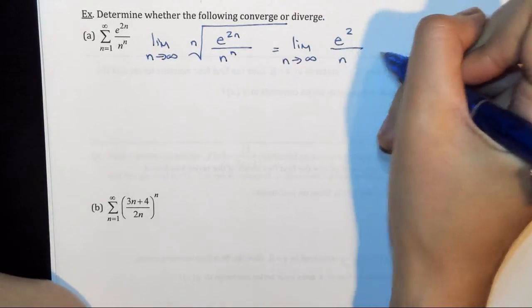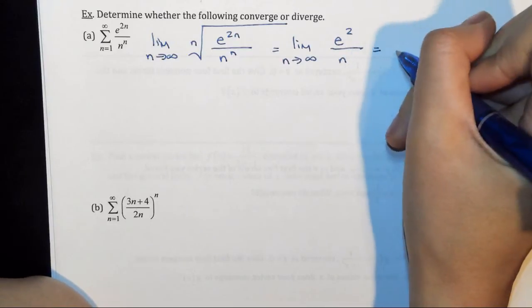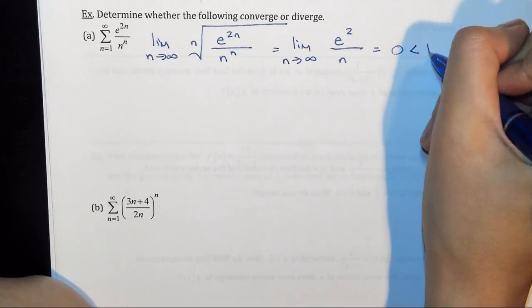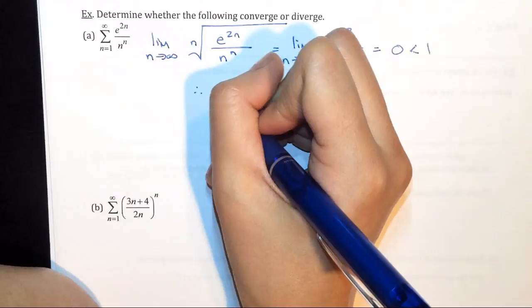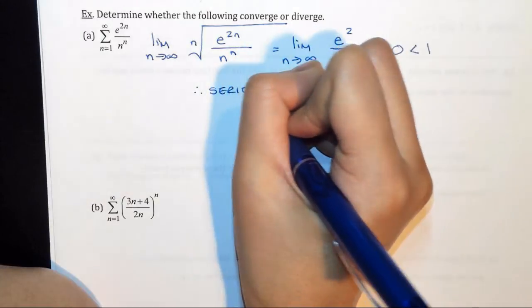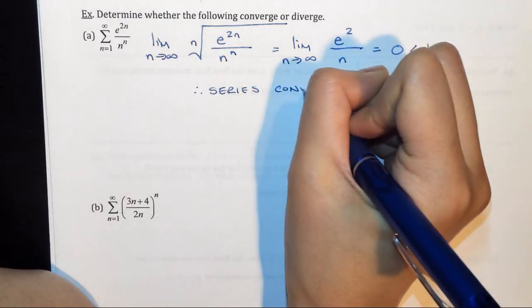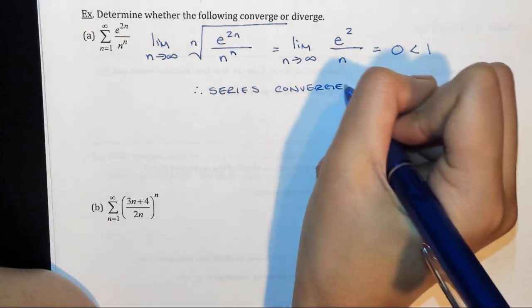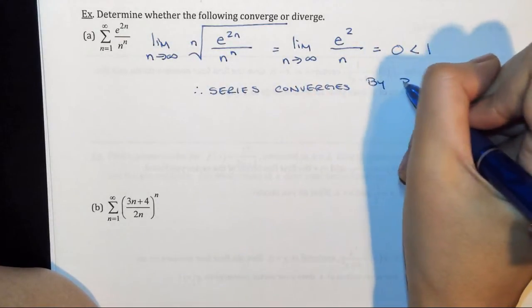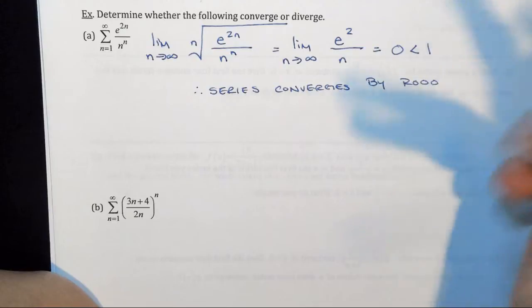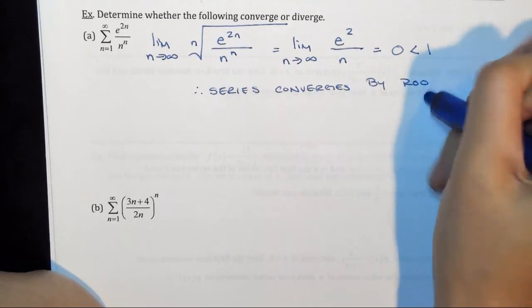And as n goes to infinity, this goes to 0, which is less than 1. Therefore, this series converges by the root test.